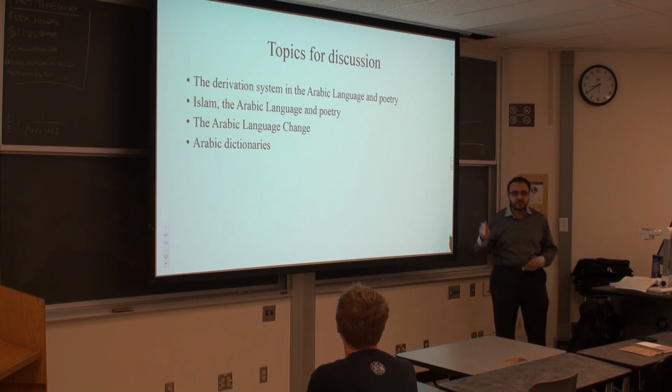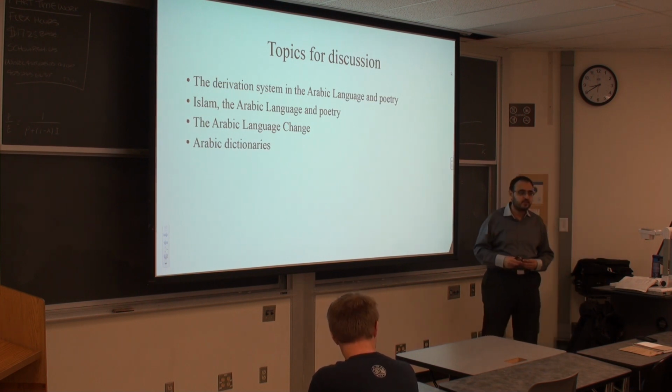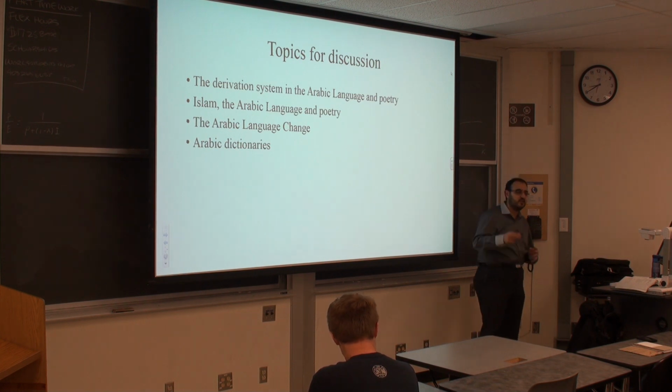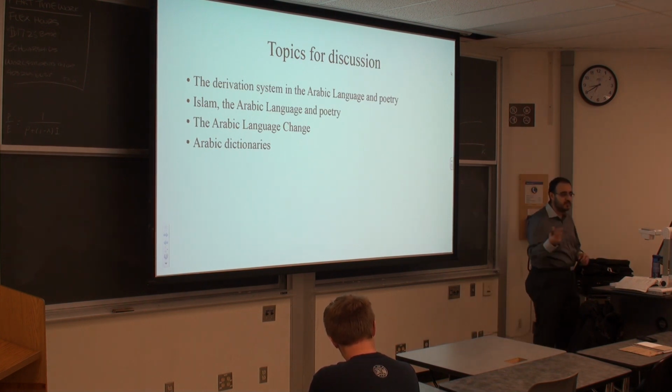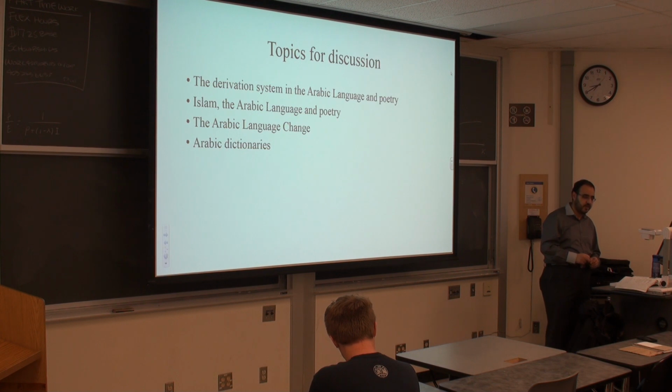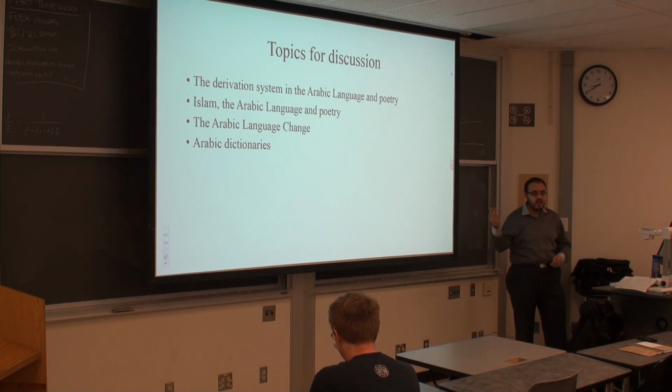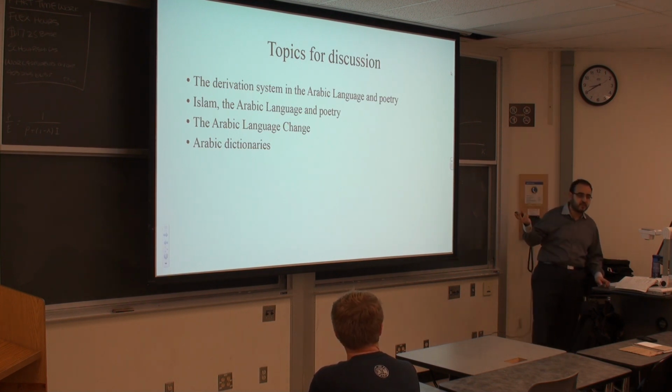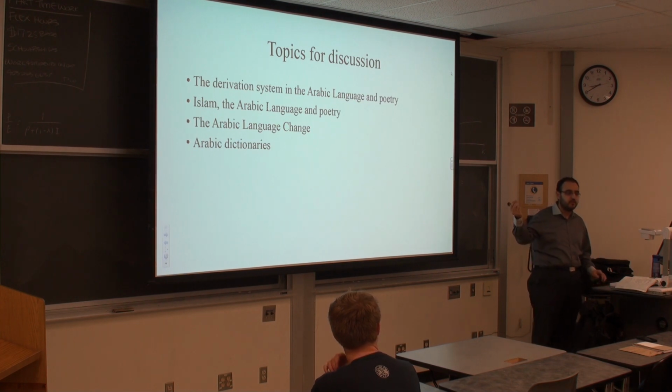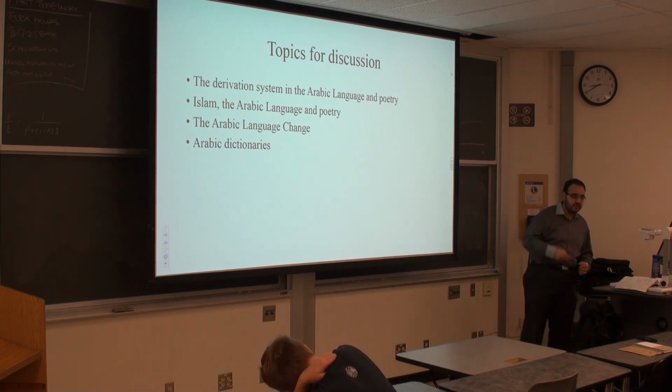In Arabic, will we need transliteration in dictionaries? No. So this is the first difference between Arabic dictionaries and English dictionaries. You have an alphabet that's already serving its purpose, so you will know how the word is pronounced with just the alphabet.